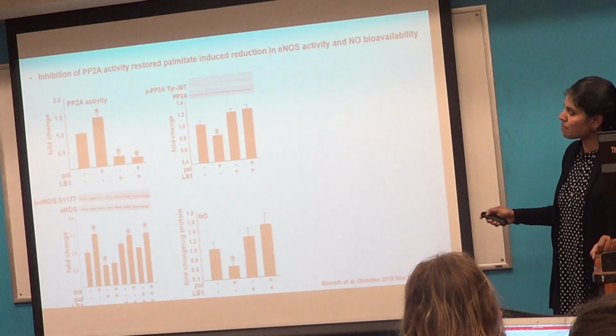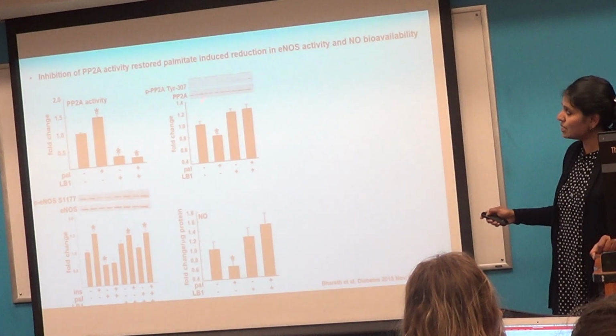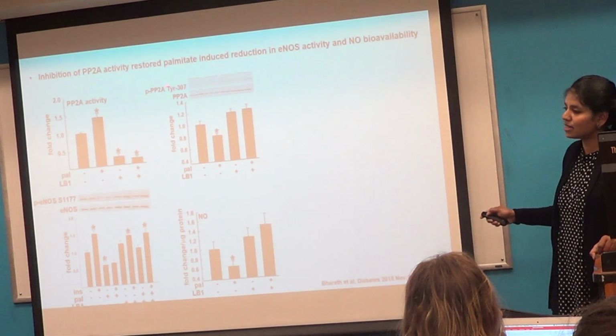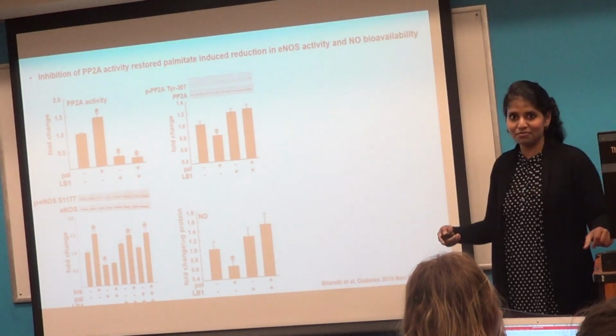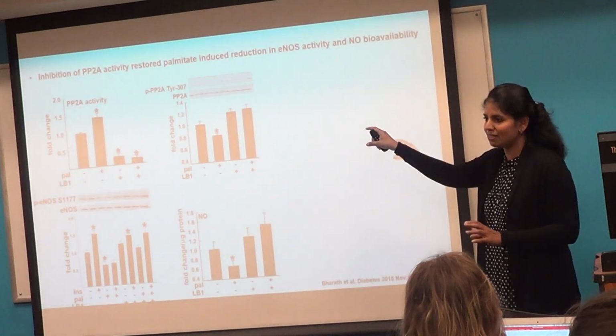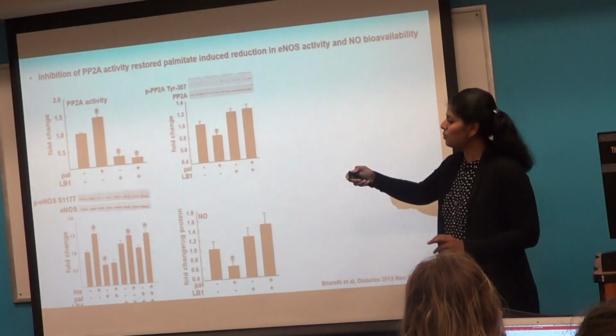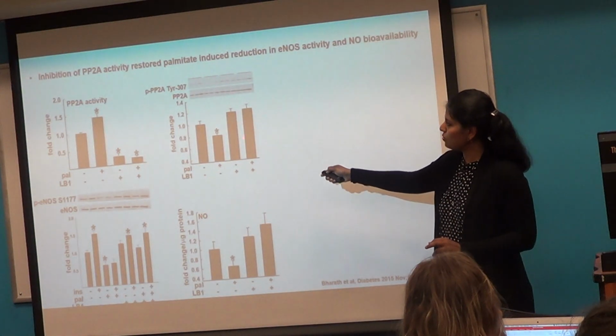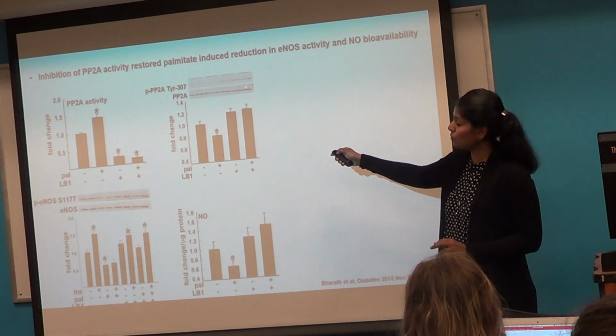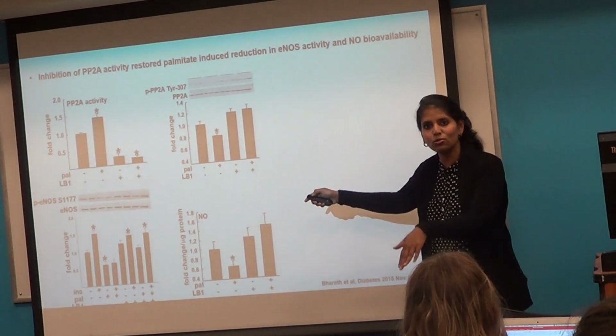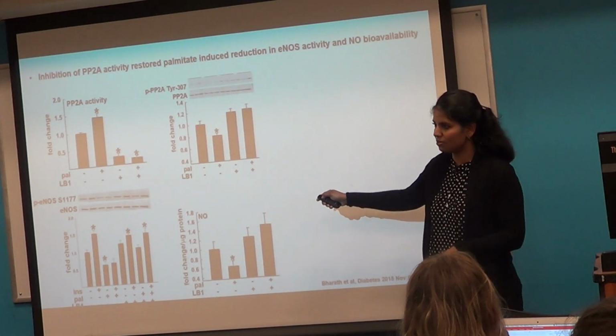In this case, if this phosphatase is dephosphorylated at this site, it means it is active. It's the other way around. You don't have to understand that, I'm just letting you know. It's another way to test if the activity is up or down. And here, when you treat with LB1, the phosphorylation increases, meaning its activity actually goes down.